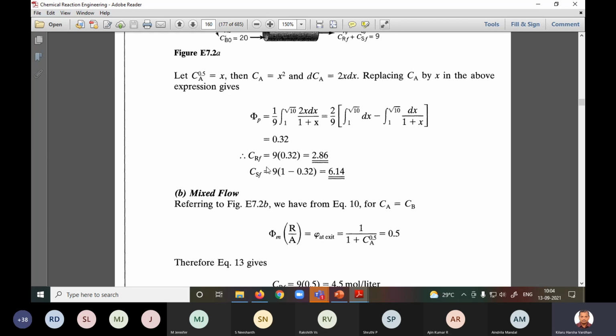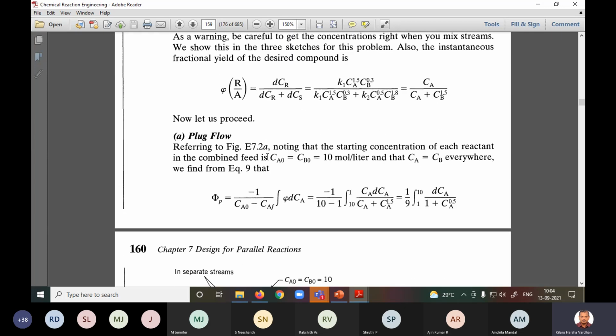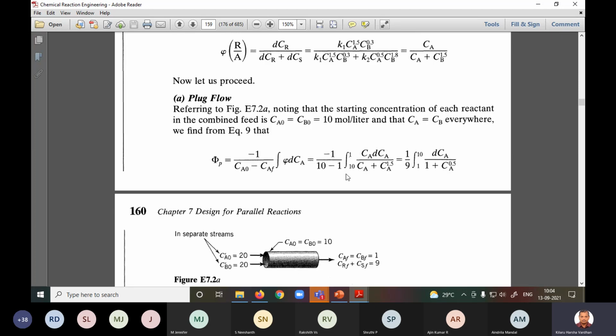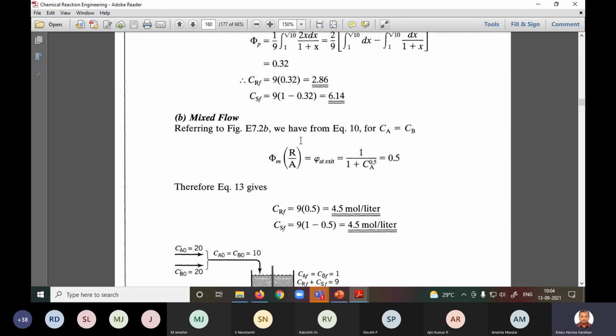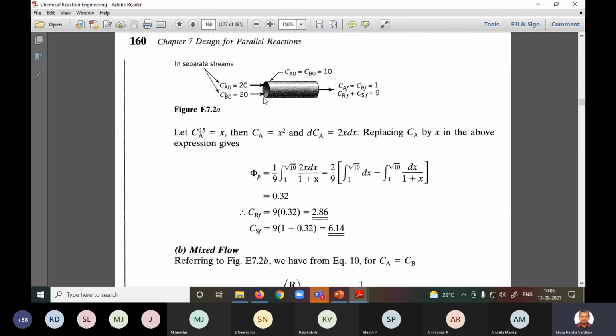So like this, you have to do for a mixed flow also. So for a mixed flow, again, you have to take the mixed flow expression. So this is the thing what you are getting. Ca naught and Cb naught is 20 mole per liter. So once it is added here, then your concentration drops, because equal moles are being added. 1 liter and 1 liter, it becomes 2 liters.